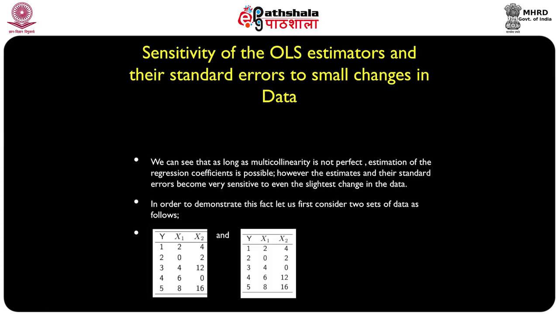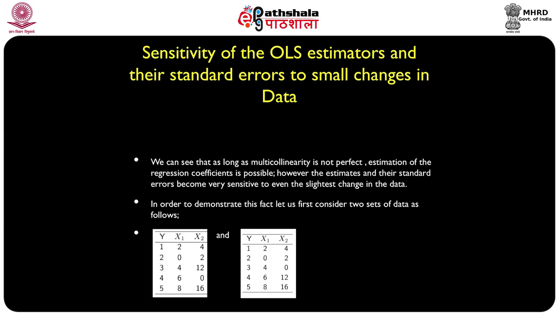We use these two datasets and, using the lm function in R, we fit two separate regression models to the datasets. Here is the R code. We first enter the data corresponding to the three variables y, x1 and x2.